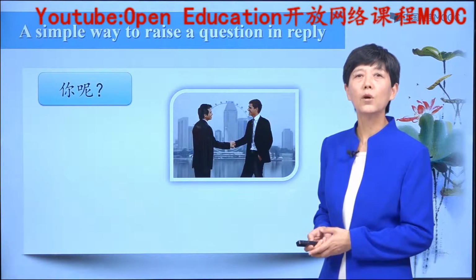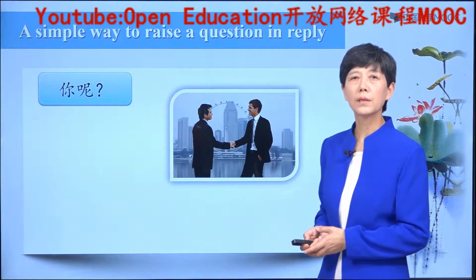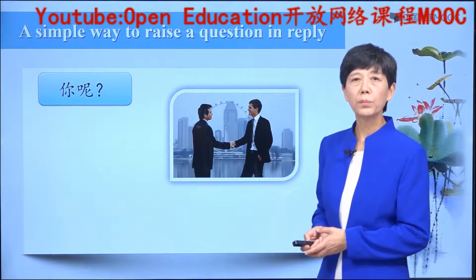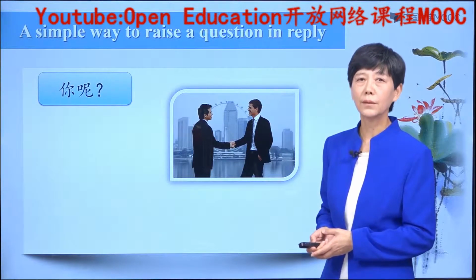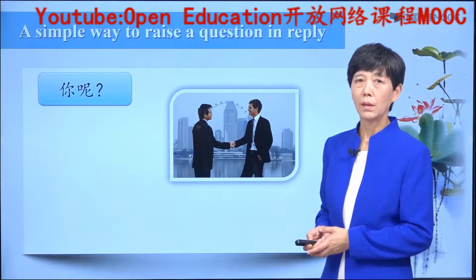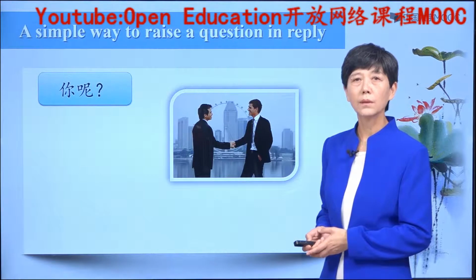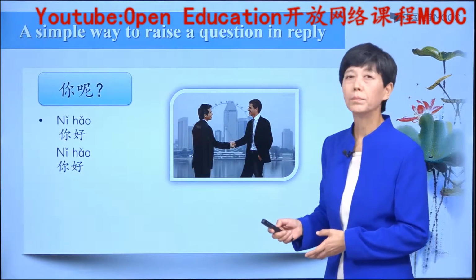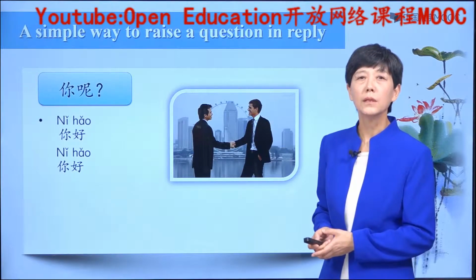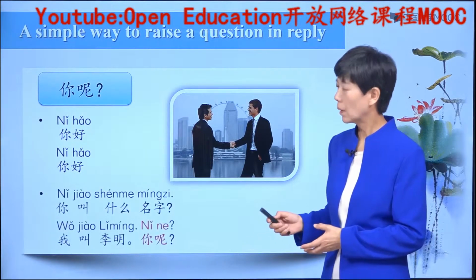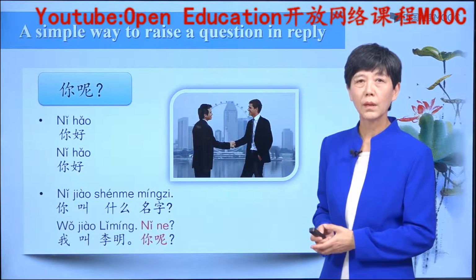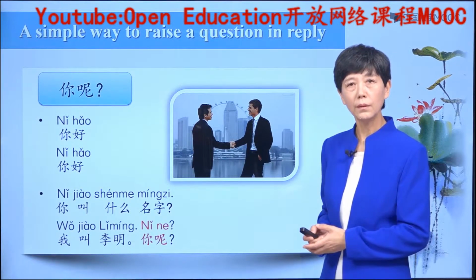Here, 呢 helps the speaker to raise a simple question in reply. We will pronounce 呢 with a light tone. So the full dialogue will be 你好, 你好, 你叫什么名字? 我叫李明, 你呢? It is easier, isn't it?